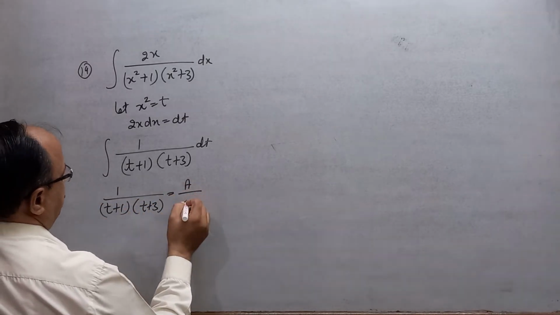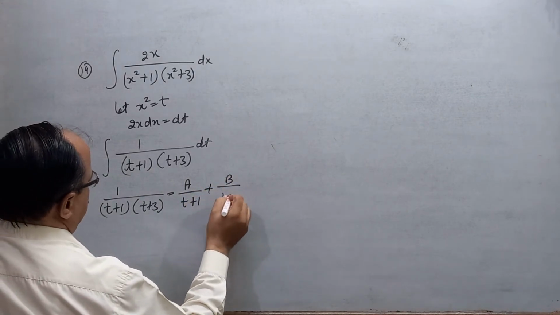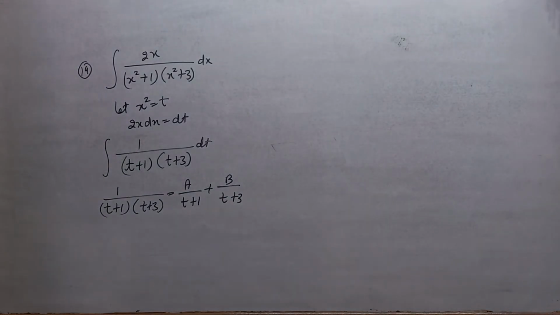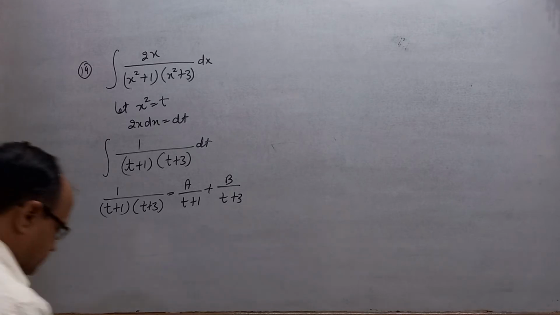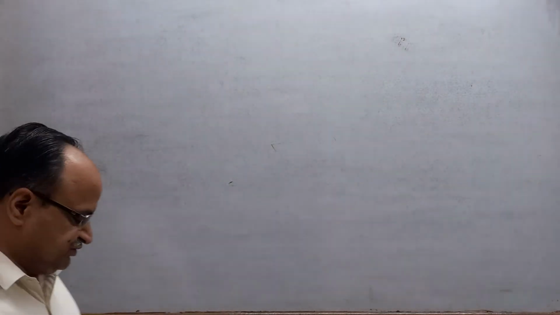You can write a upon t plus 1 plus b upon t plus 3. Find the value of a and b and then integrate. Further you can solve. Clear?